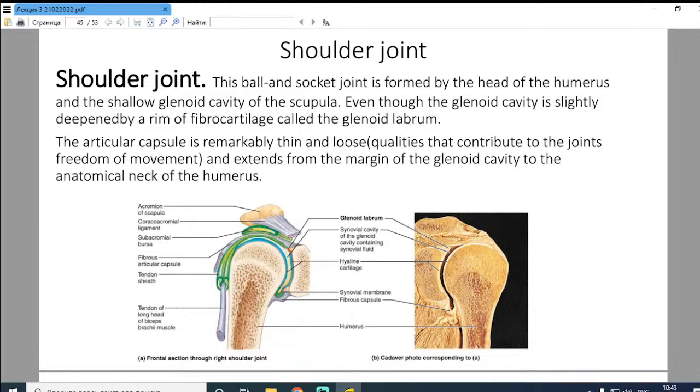You see the fibrous capsule, glenoid labrum, synovial cavity, hyaline cartilage, and subacromial bursa. Tendon sheath.